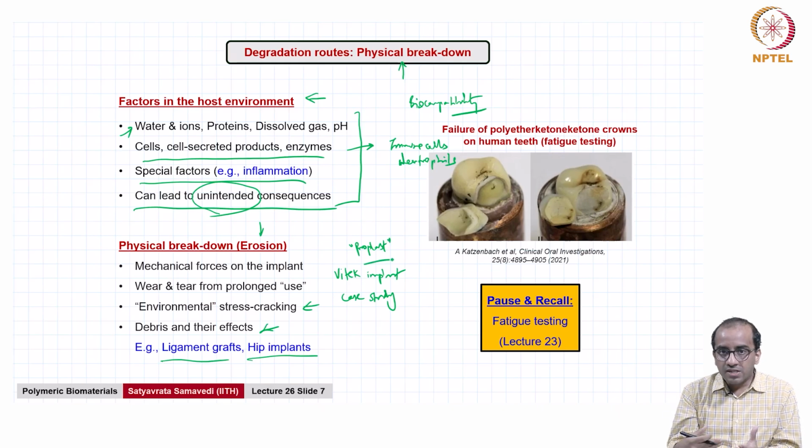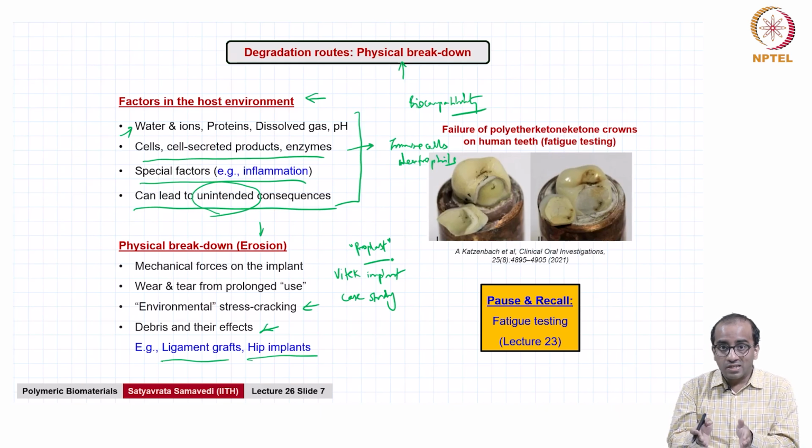Now this was essentially a material or a device made for the TMJ, temporomandibular joint, largely based on PTFE, right. And the issue there that led eventually to FDA recalling the implant was debris that came out due to repeated use, right. Again, remember, PTFE here, it's not the backbone that is degrading, right.